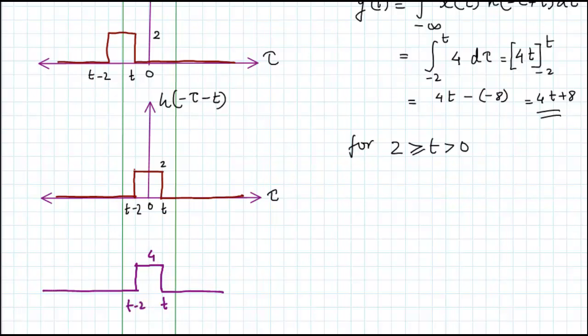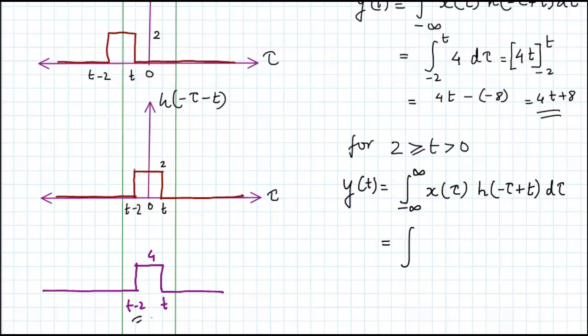So now if you would ask me what will be y of t, then I will say y of t, which is given by the equation minus infinity to infinity x of tau h of minus tau plus t d tau, that will be basically having an integral. Now the limit is going to be from t minus 2 to t, 4 d tau.